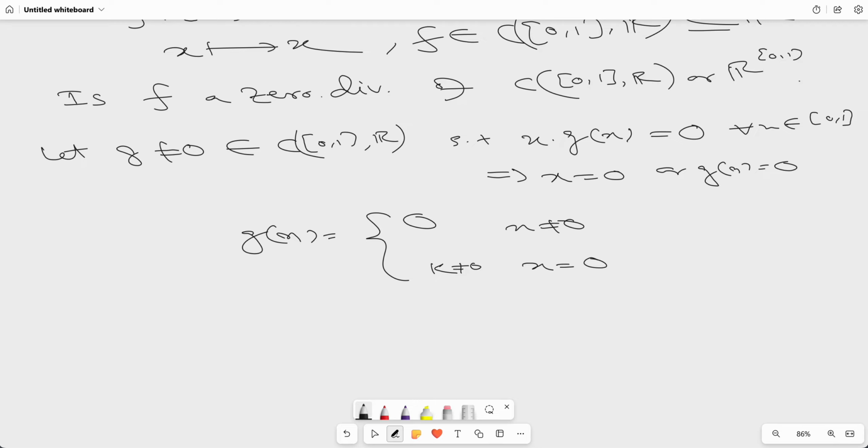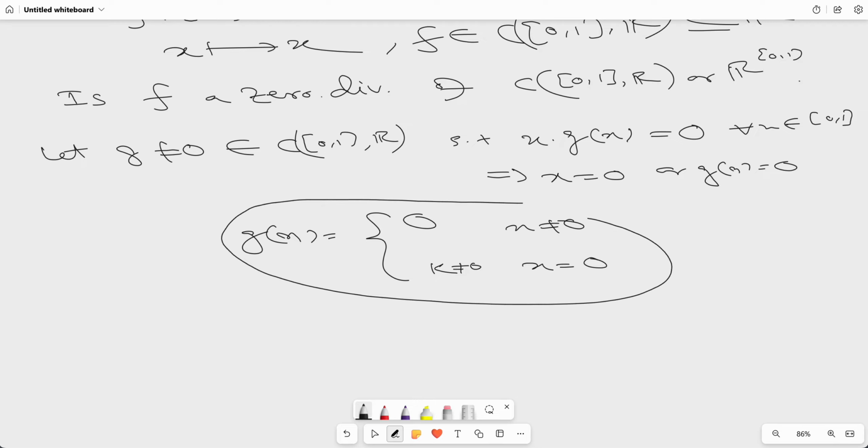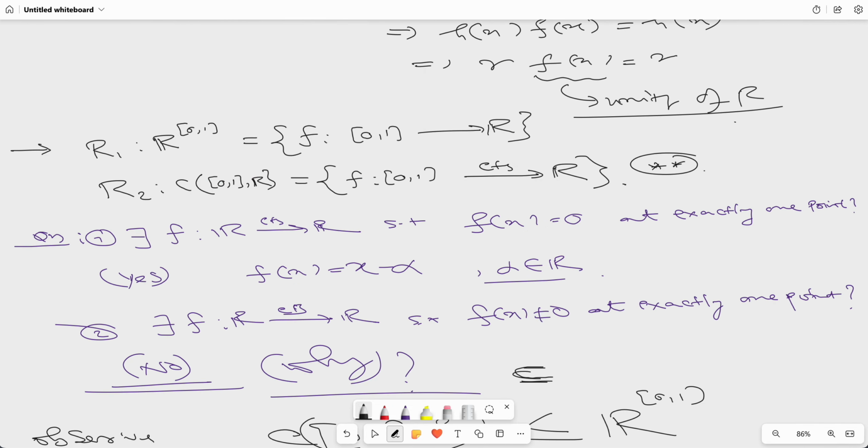But is this function continuous? Is this function inside C[0,1]? No, this function is not going to be continuous, because there does not exist a continuous function that is non-zero at exactly one point.